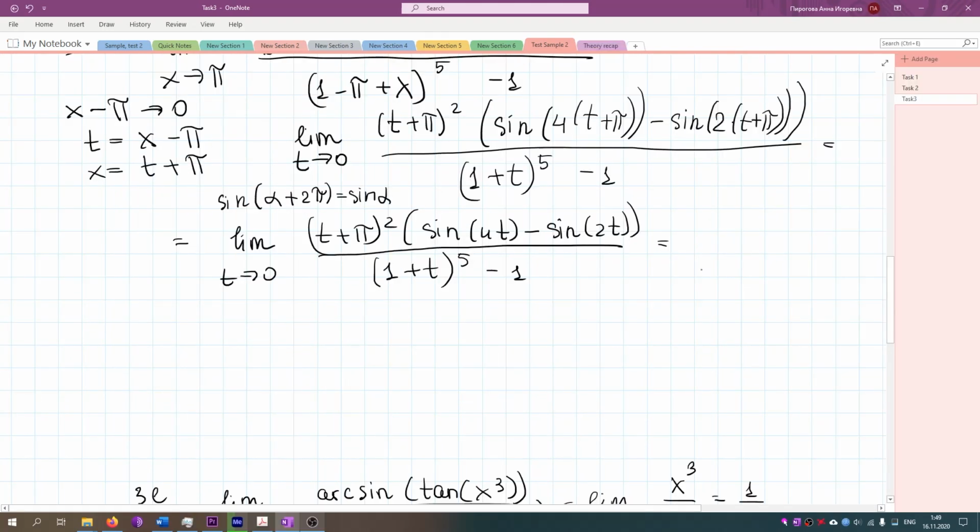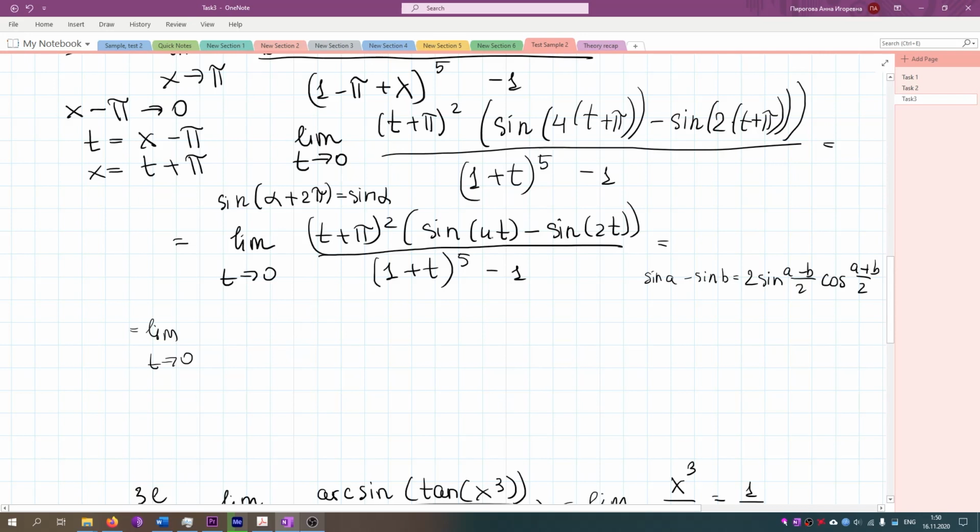Now let's recall the formula of difference of two sines. Sine A minus sine B is equal to 2 sine of A minus B divided by 2 multiplied by cosine of A plus B divided by 2. So here we need to simplify our part with sines.